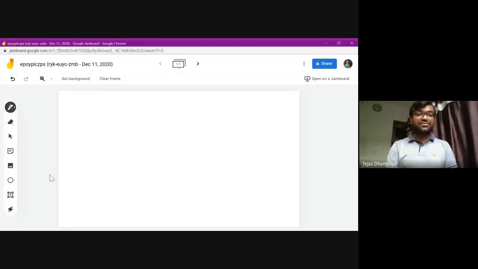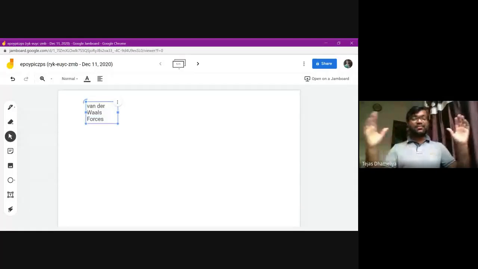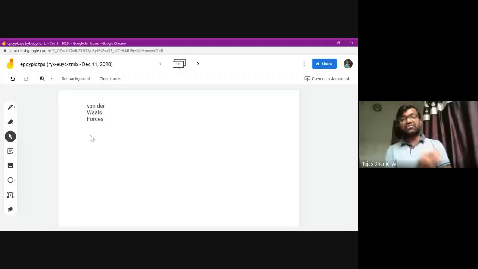Van der Waals force is the force given by a scientist whose name is van der Waals, and from his name, these kinds of forces are termed van der Waals forces.